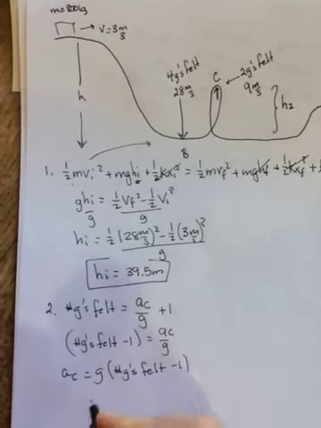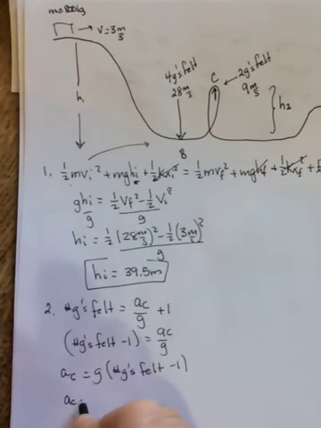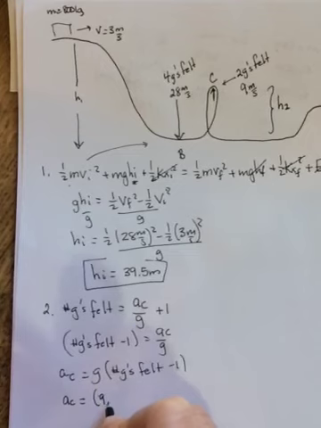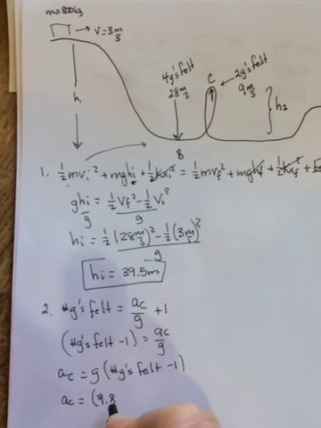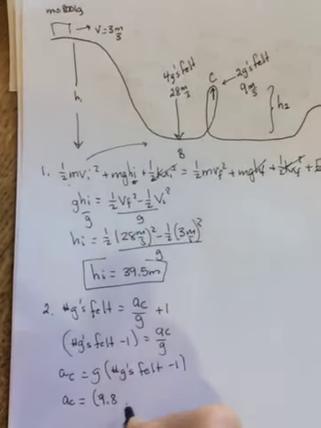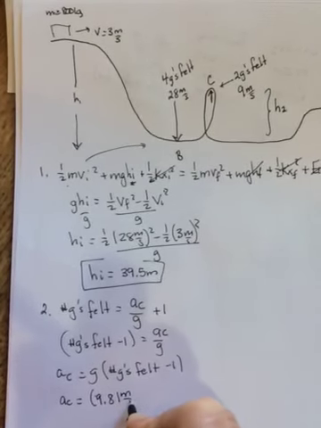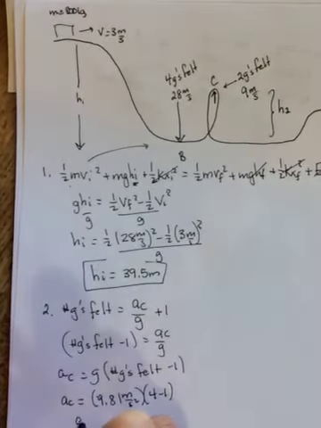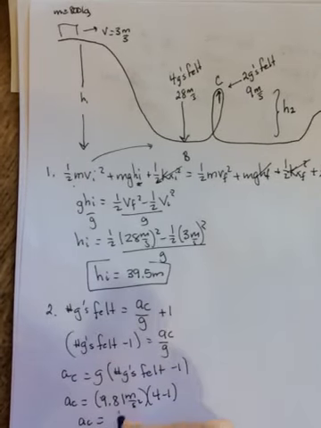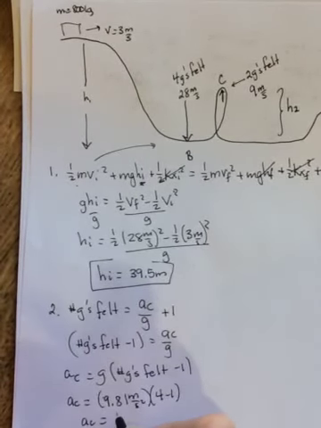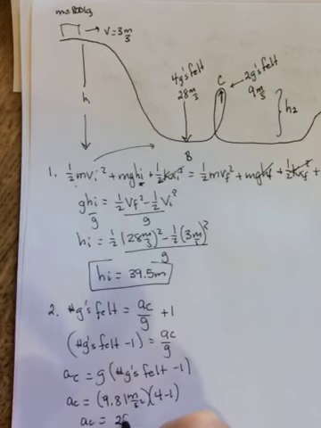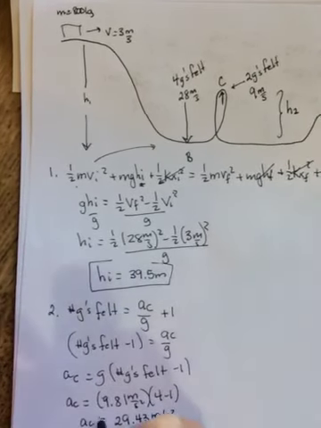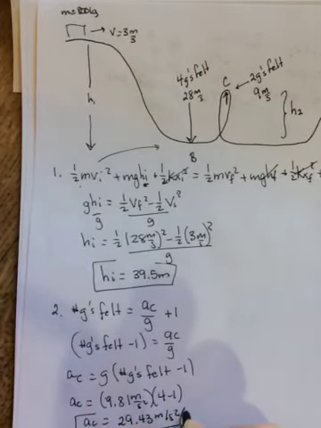The number of G's felt that told us down there was 4. 4 minus 1 is 3. 3 times 9.81, and you should get 29.43 meters per second squared for your a_c.